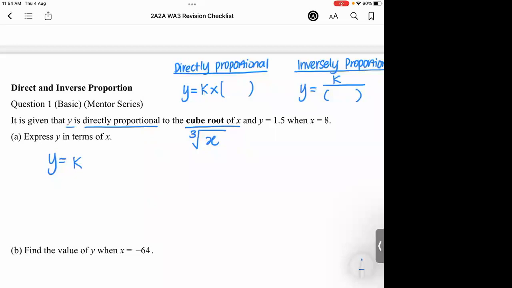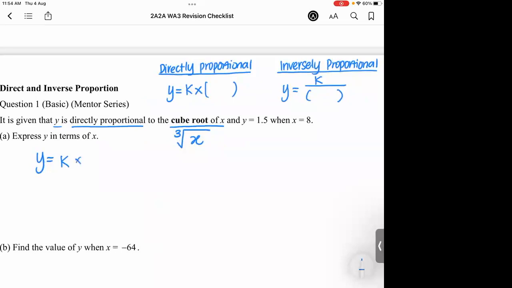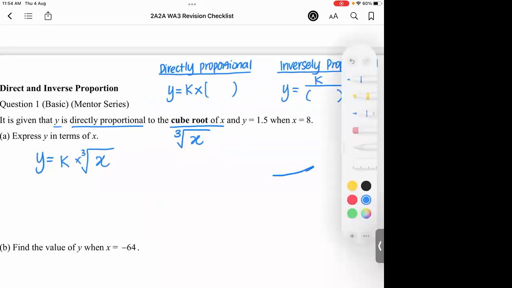Divide? Directly proportional, directly proportional, times. So k times the cube root of x. Okay, so y equals k times cube root of x.